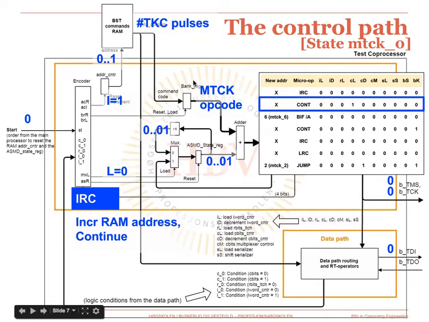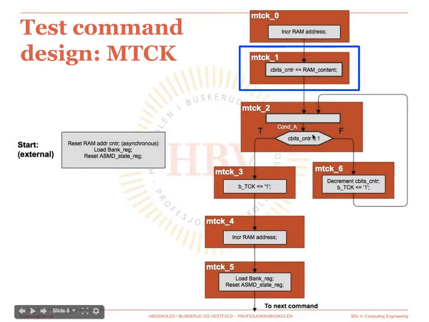However, the bank register, as you see here, remains with the MTCK opcode, since the number of TCK pulses value is needed for the data path, not for the control path. And we will move on to the MTCK1 state.